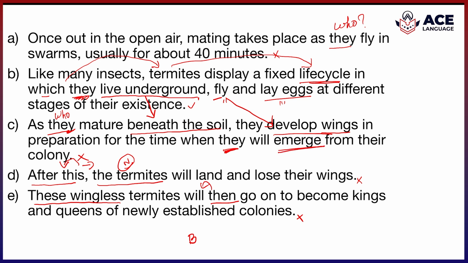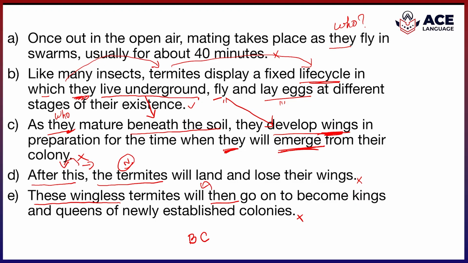Emerge means coming out, right, from their colony. So it is obvious that after B, the sentence I have to put in is number C. And so what we understand is that they develop wings because they want to fly, and then eventually they will emerge, they will come out of the colony.